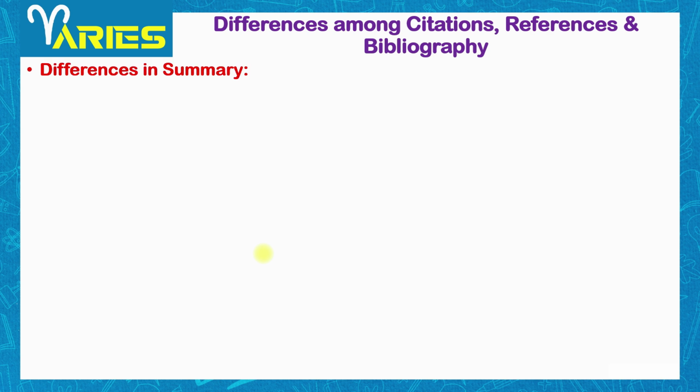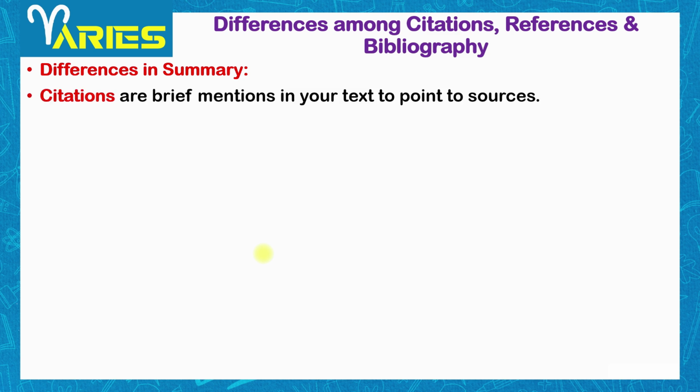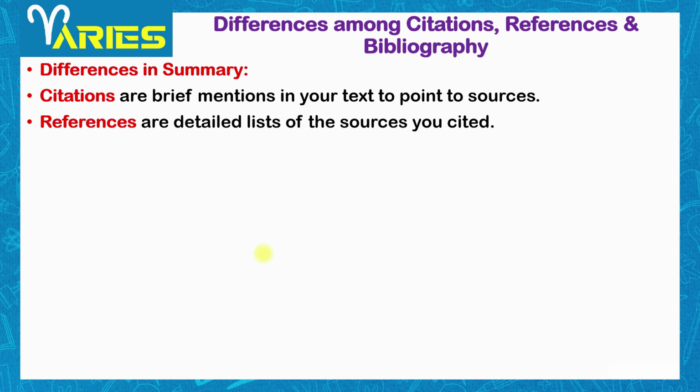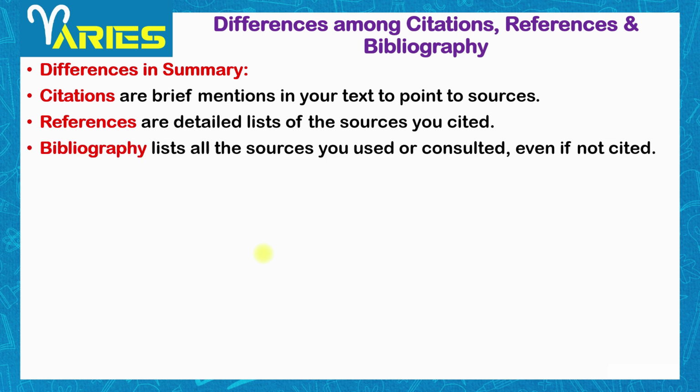Now, if we talk about the key differences among all three: citations are brief mentions in your text to point to the source, whereas references are a detailed list of all the sources that you have cited in your text, and a bibliography lists all the sources that you used or consulted, even if you have not cited them, but you have taken inspiration from them.